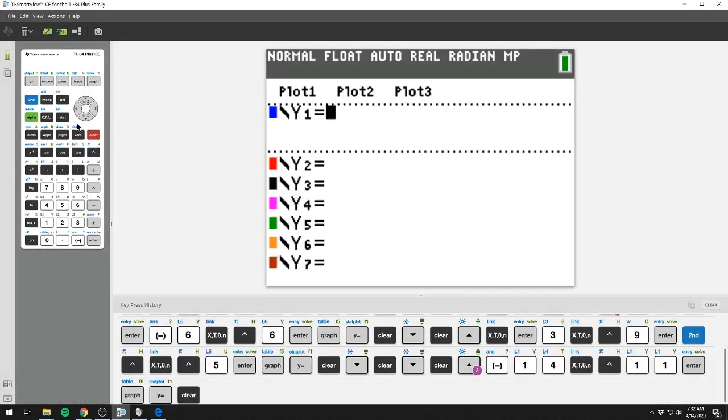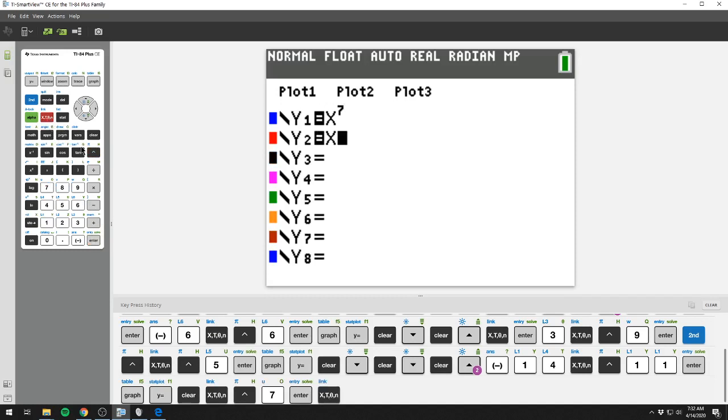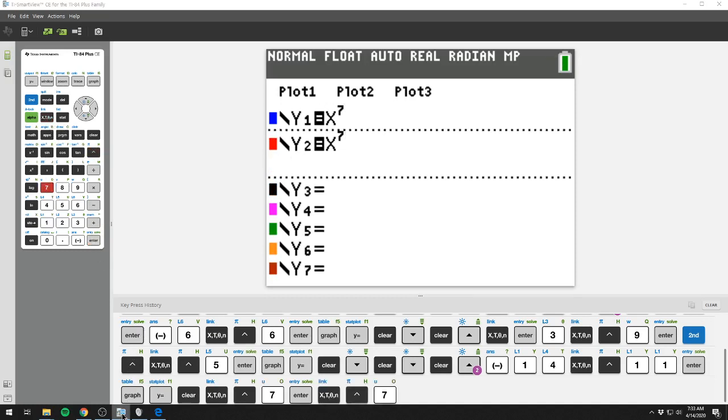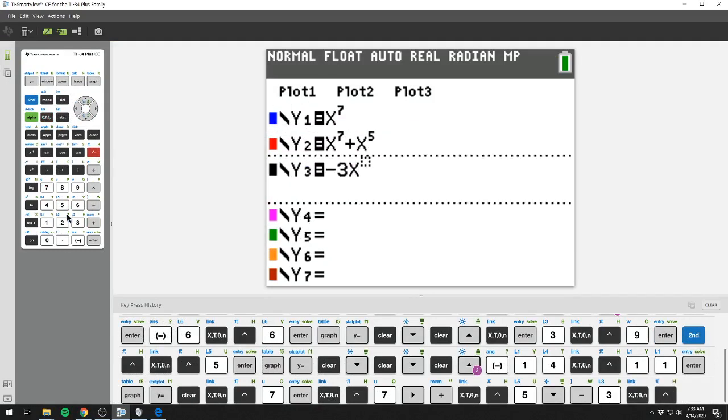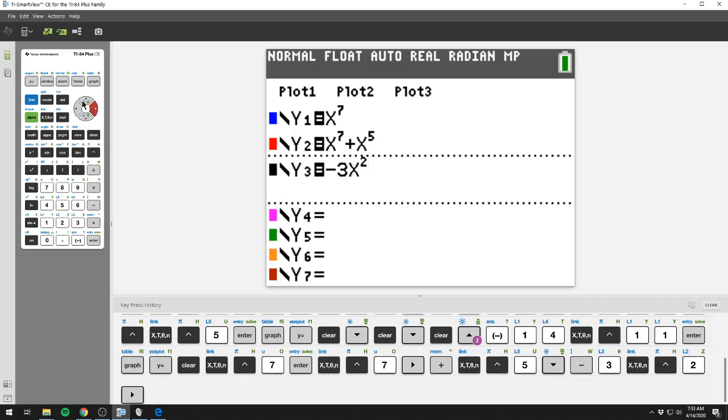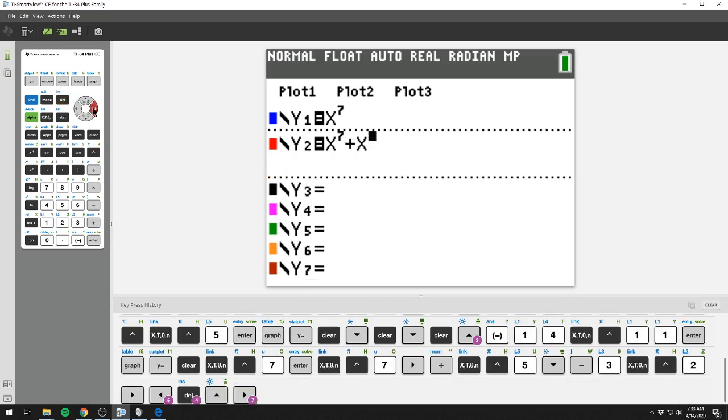So I'm going to graph both so you can see both. The first one I'll graph is just the power function, y equals x to the 7th. And the polynomial was y equals x to the 7th plus x to the 5th minus 3x squared plus 1.